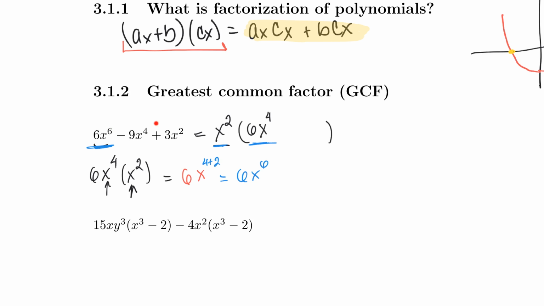Now let's do the second term. Here we have minus 9x to the fourth power. So the question is, what do we have to multiply x squared by to get minus 9x to the fourth power? Well, first of all, it has to be negative because x squared is positive. Then x squared has the constant of 1, but we want 9 as a constant.